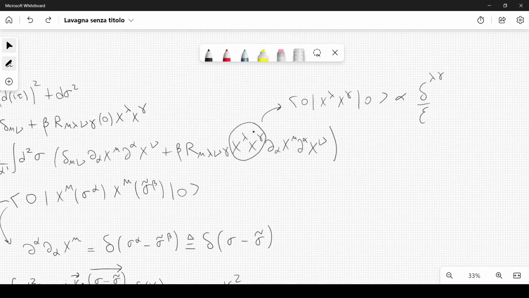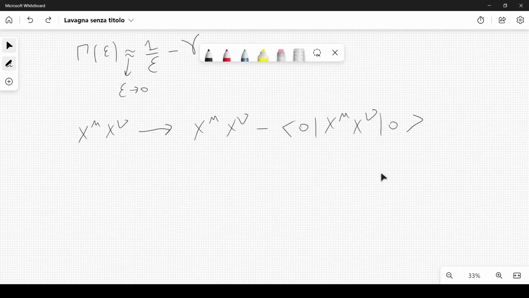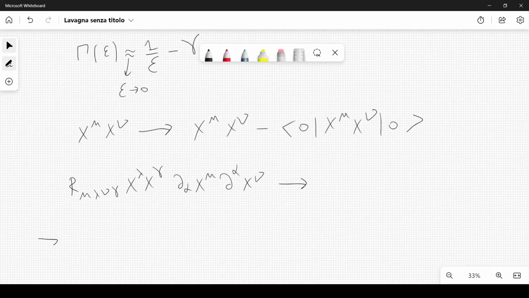So in this case, instead of mu and nu, we have lambda and gamma, but it's very similar. So if we do so, the term r mu lambda nu gamma x lambda x gamma d alpha x mu d alpha x nu will be replaced like this.